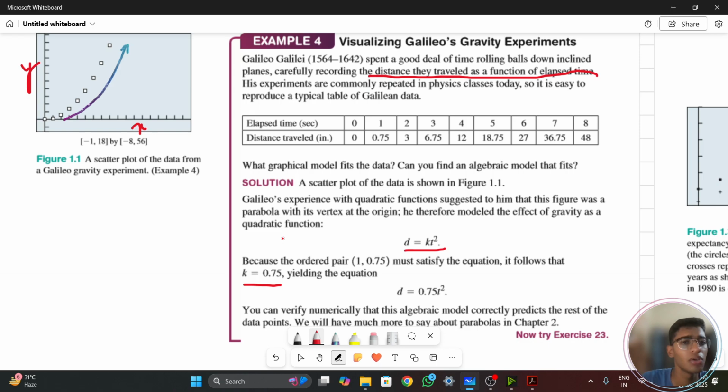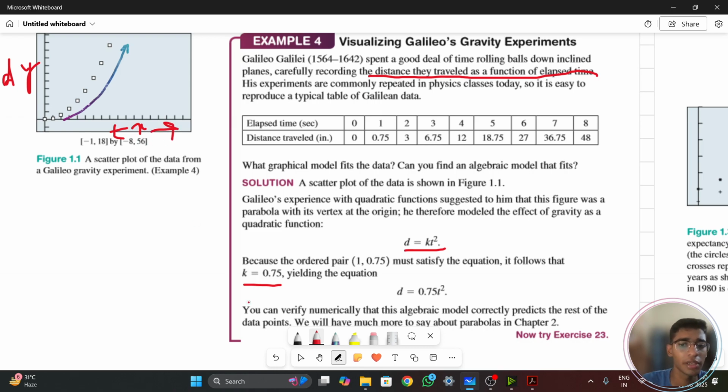Now, you already know that we can calculate the slope of a graph using the equation y equals mx plus c. So here they have denoted that at y we are taking the distance, and at x we are taking the time.